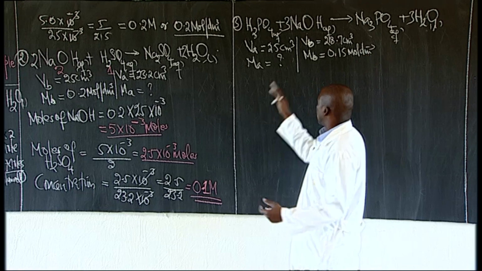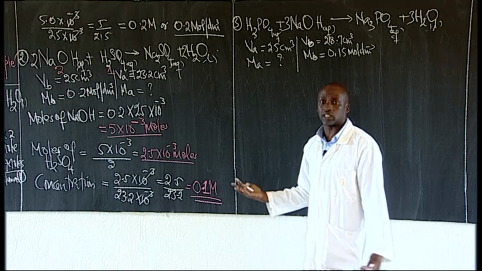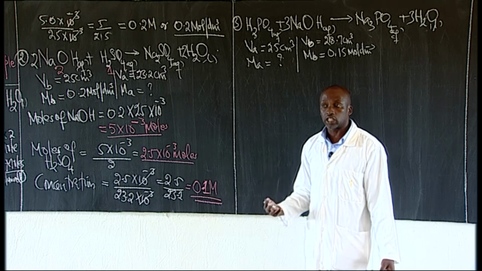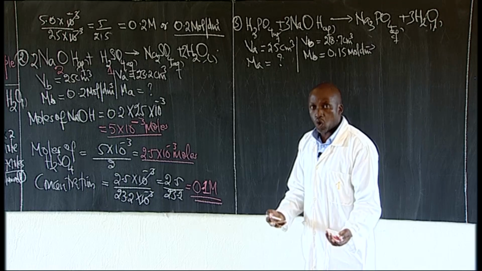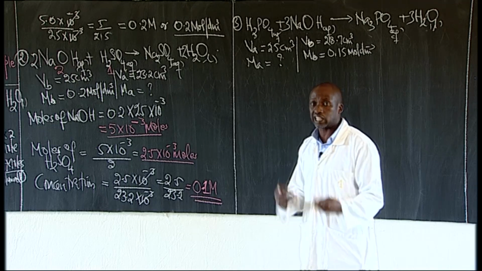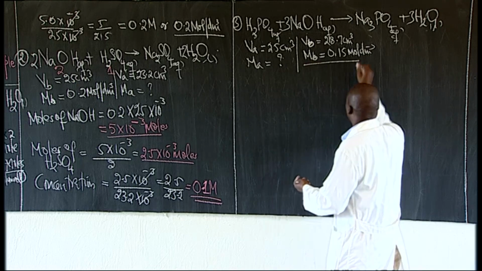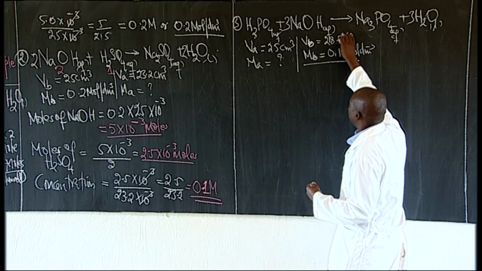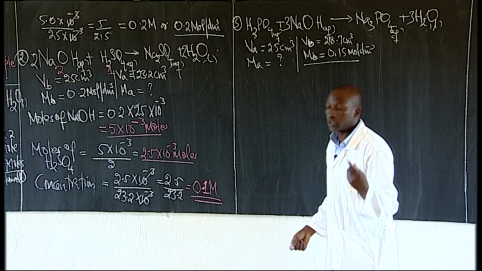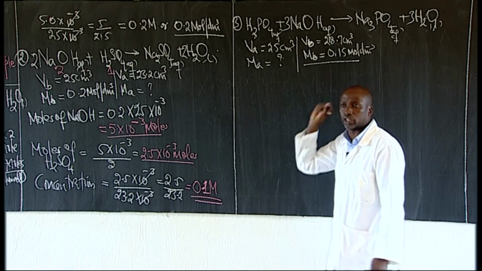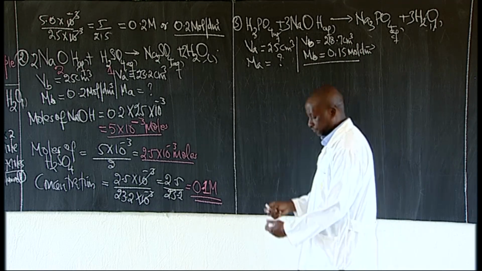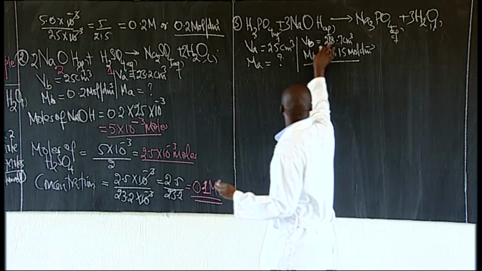So when you go through that, where do I start from? I need to start from a known solution, a standard solution. The base is standard in this case. Why? Because its concentration is known. So that is where we start from. Determine the moles of the base.